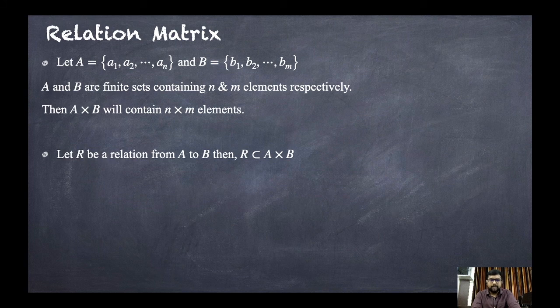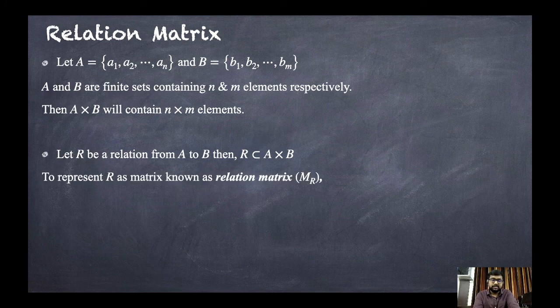Let R be a relation from A to B. Then it is obvious that the relation is a subset of A cross B by definition. To represent this relation as a matrix, known as the relation matrix, the notation is M_R, where capital M stands for matrix and R stands for relation.